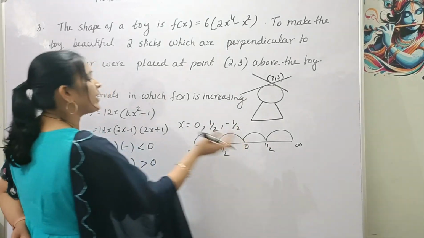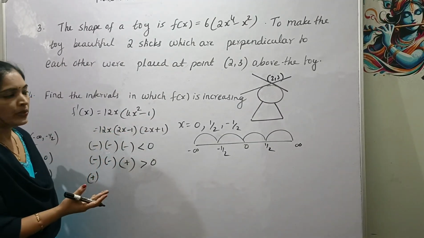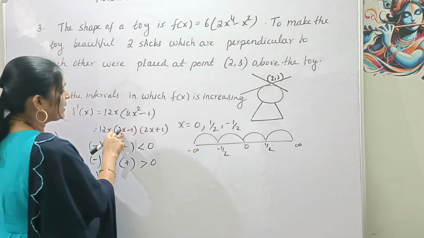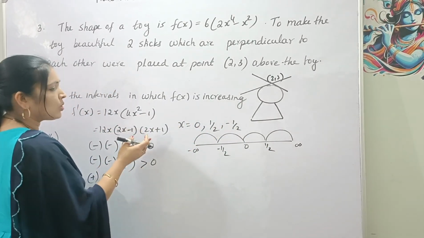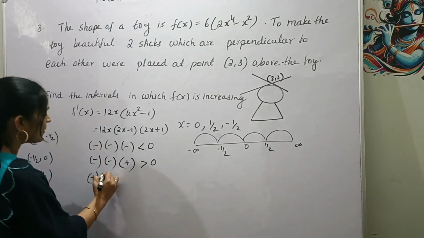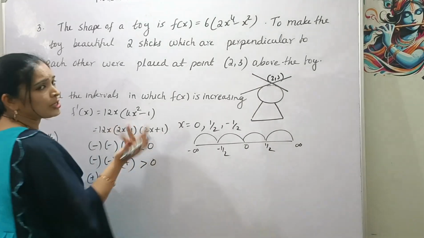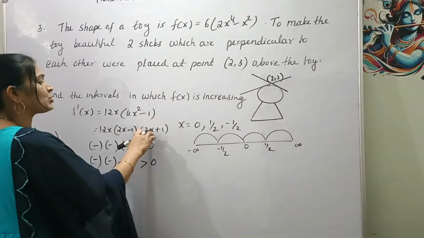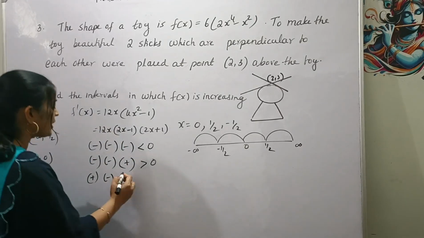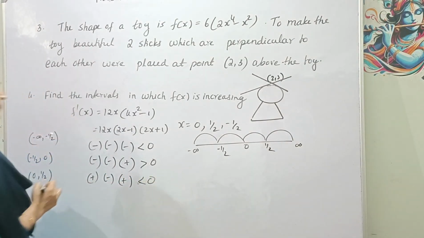If you substitute x equal to 1 by 2, you will get 1 minus 1, 0. So less than 1 by 2, it will be less than 0, that is minus. And here obviously it is positive, because we are substituting positive values, 2 into positive value plus 1, right? So it is plus. Therefore it is less than 0.